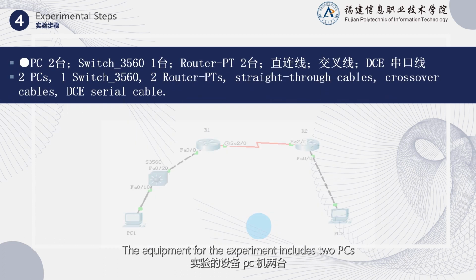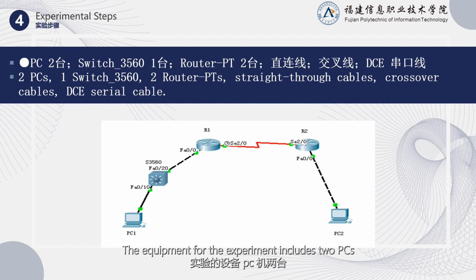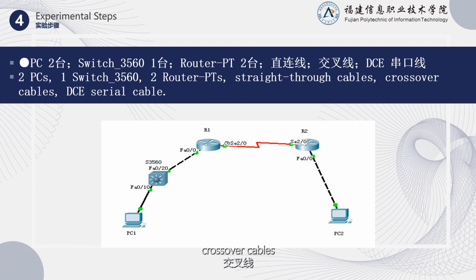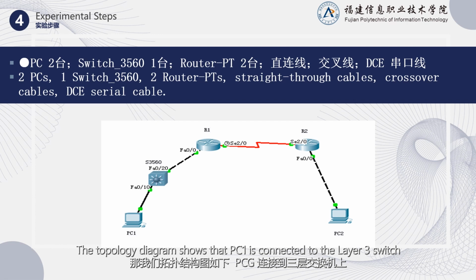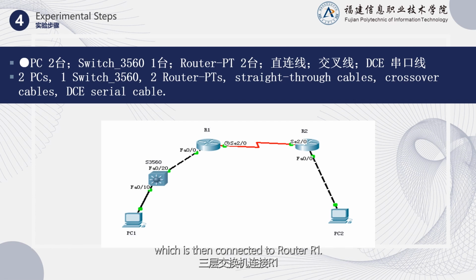The equipment for the experiment includes two PCs, one layer 3 switch 3560, and two routers. Straight-through cables, crossover cables, and serial interface cables are also required. The topology diagram shows that PC1 is connected to the layer 3 switch, which is then connected to router R1.